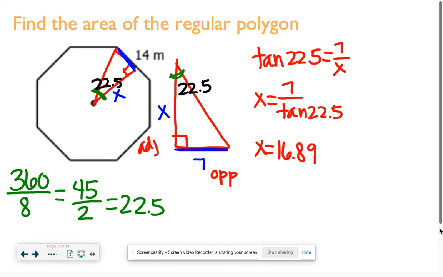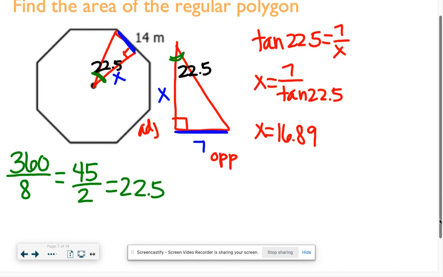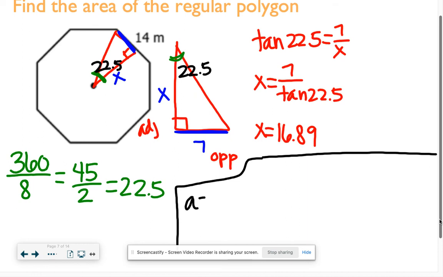Okay. So like I just said, our apothem is 16.89. And now we can do our whole little song and dance. Okay. So our apothem is 16.89. We need to find our perimeter. We have one side length of 14, and we have 8 sides.